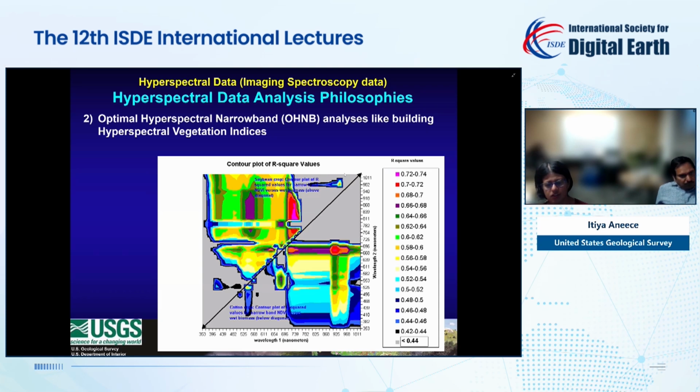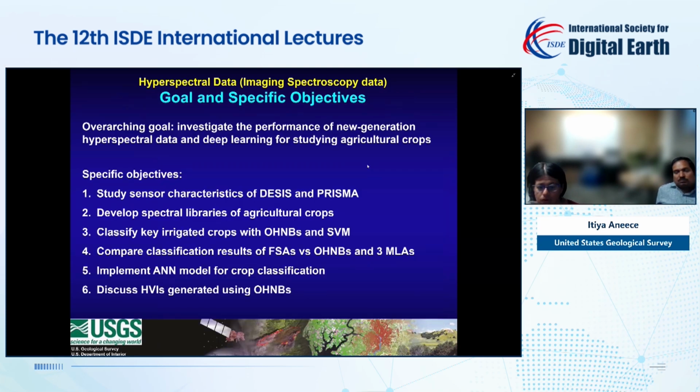So today I'm going to discuss very briefly 3 different studies which we use for investigating the performance of new generation hyperspectral data and deep learning techniques for studying agricultural crops.